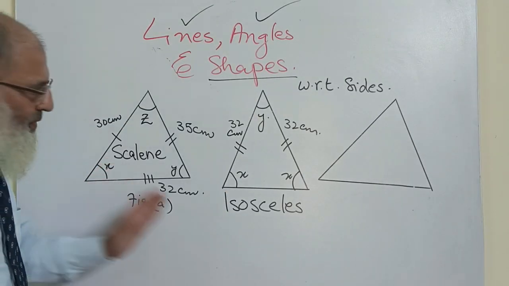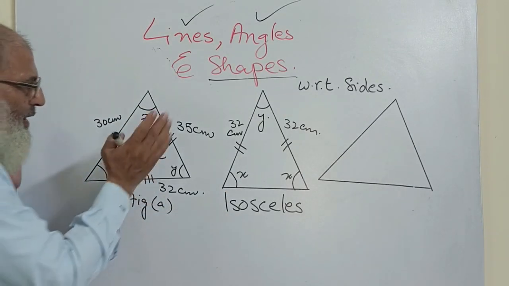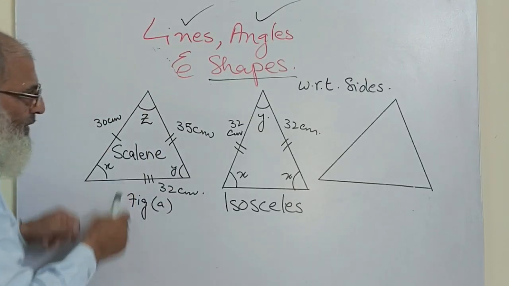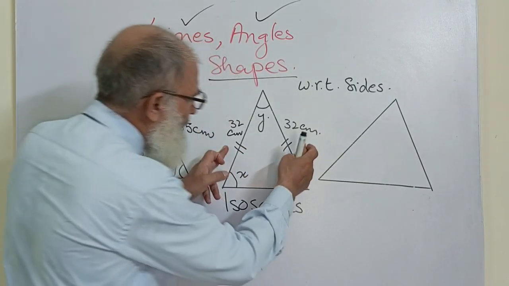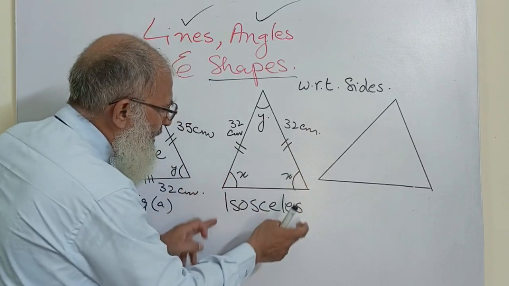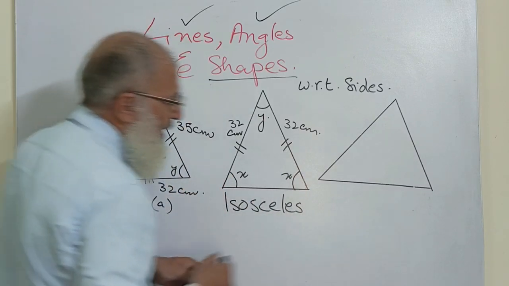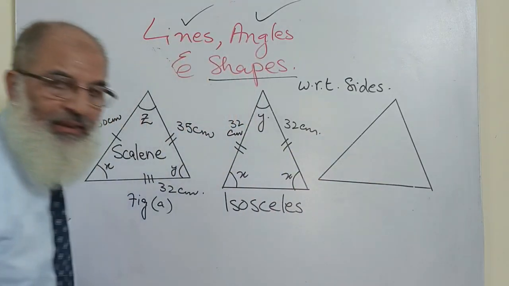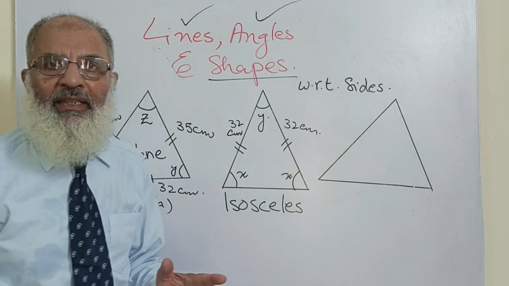Scalene triangle, isosceles triangle. Neither side is equal, nor angles are equal. Two sides are equal, two angles are equal. Isosceles triangle, and the third and the last is the equilateral triangle.